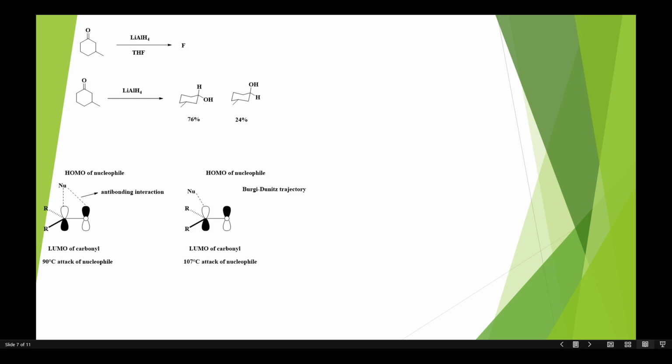You can explain this only from the molecular orbitals: why it will attack the carbon-chlorine bond, or why it will attack the carbonyl group. That you can see from the HOMO-LUMO interactions only.